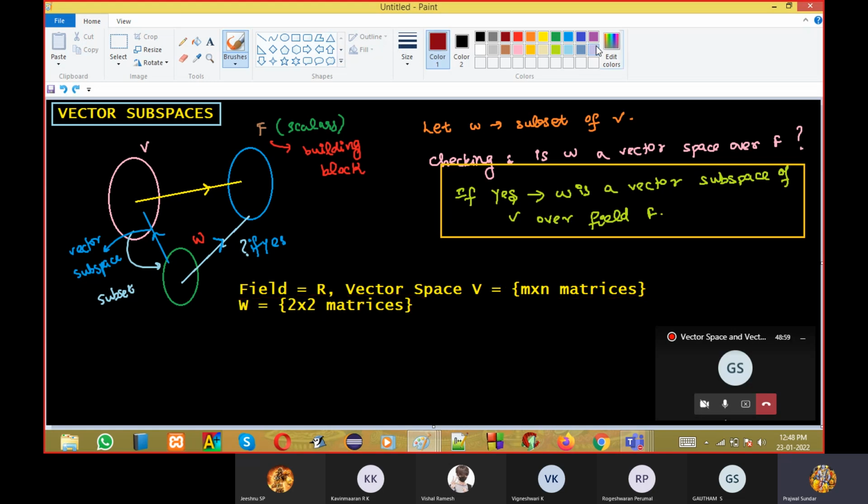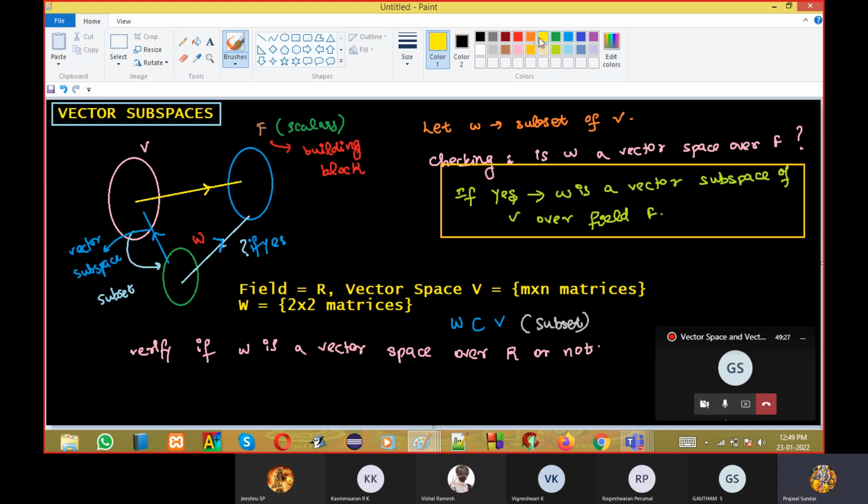Now first you try to understand. I can say that W is a subset of V, right? Because in the vector space we have all the matrices, and in the subspace I am just taking 2 into 2 matrices. Now you verify if W is a vector space over R or not.